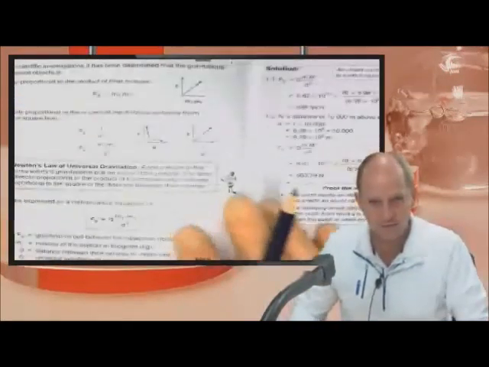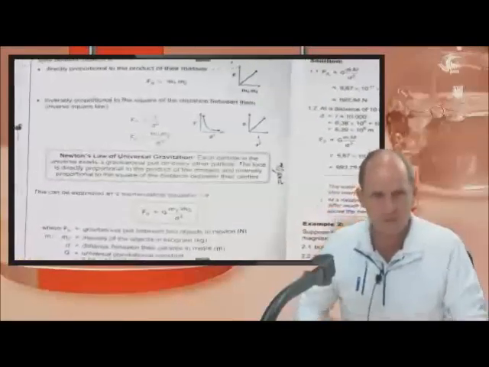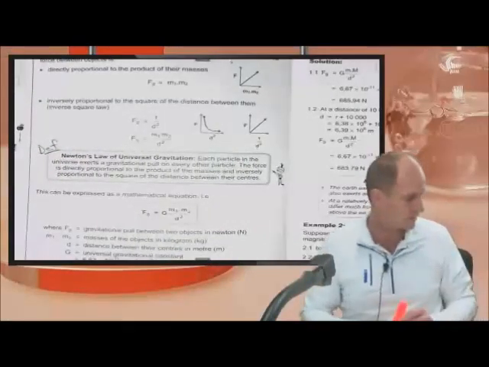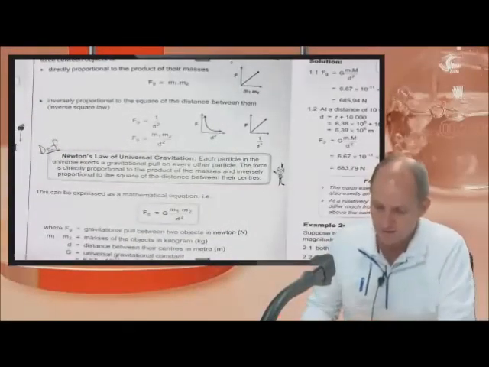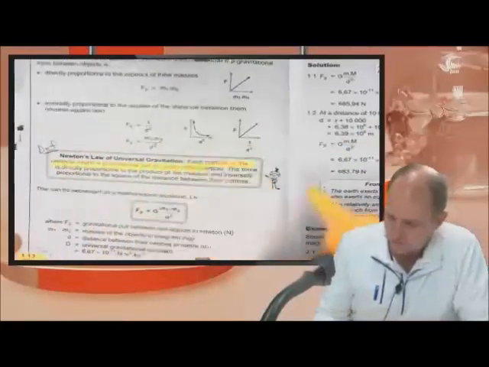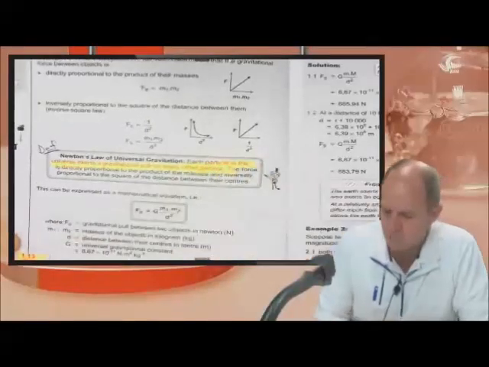The first question that you can get would be the definition of Newton's Law of Universal Gravitation. It says that each particle in the universe exerts a force on every other particle.